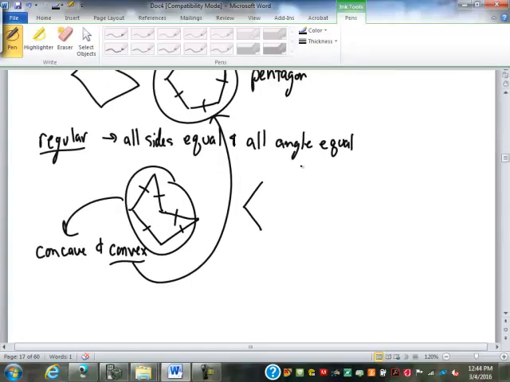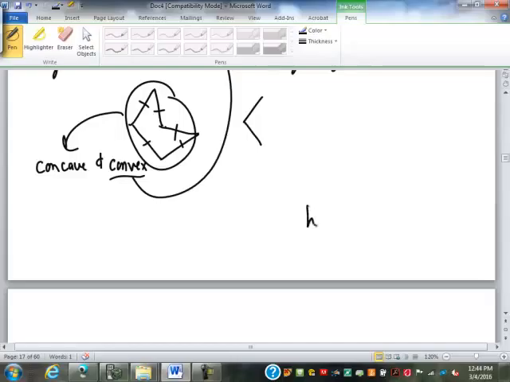Now, of course, bigger than a pentagon, we have hexagon, which is six sides. Now, septagon or heptagon are both words that have been used for seven-sided construction. We don't hardly ever use seven-sided, so we're going to skip it. Next is octagon, which is eight. You'll occasionally run into a nine-sided, of course, is nonagon.